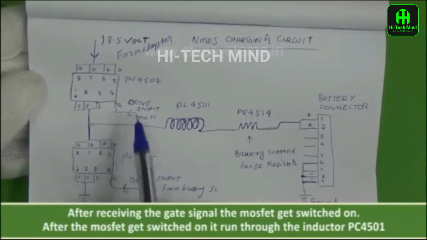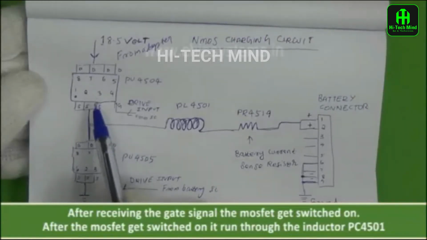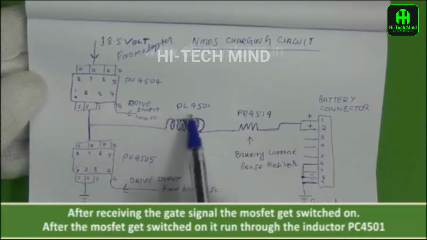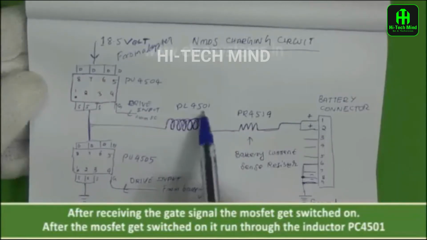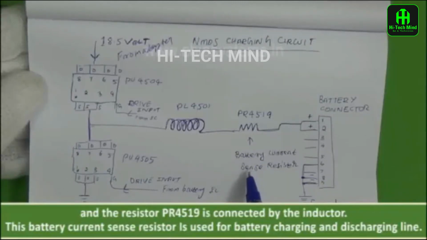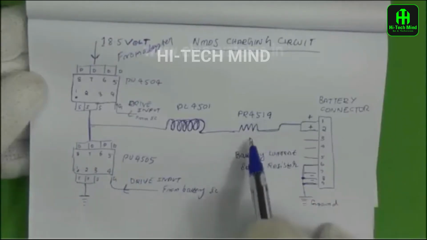After receiving the gate signal, the MOSFET gets switched on. After the MOSFET gets switched on, the current runs through the inductor PL4501 and the resistor PR4519 is connected to the inductor. This battery current sense resistor is used for the battery charging and discharging lines.